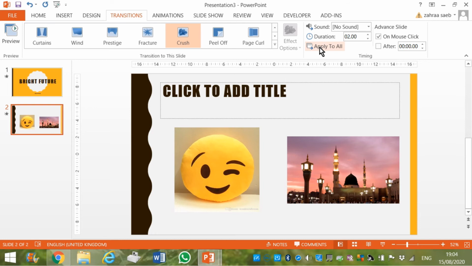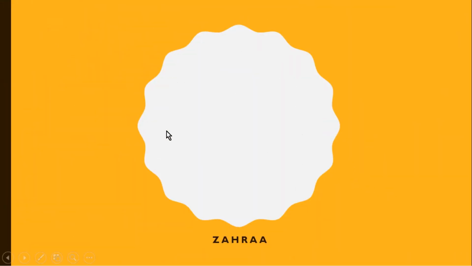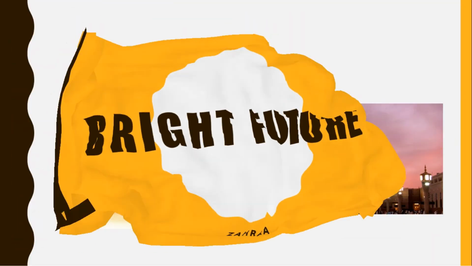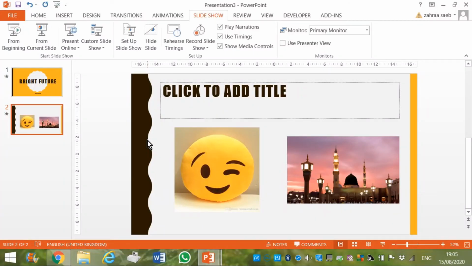The first point to check is the stars here. Second point to verify, you click on slideshow, then you click from beginning. This was the animation I applied before. This is to ensure that I have applied transition.